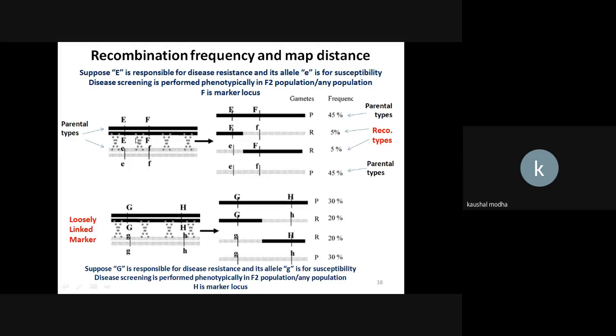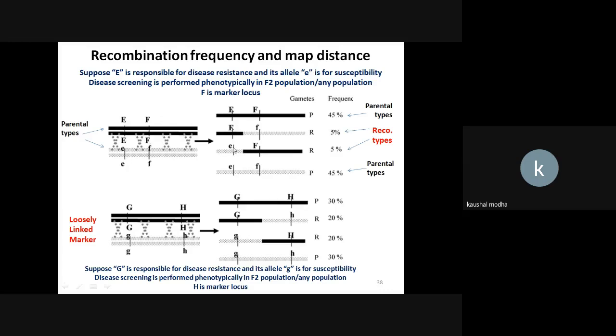Now, when recombination occurs between the marker and the gene of interest, we may find recombinant types at low frequency. Here in this case, the recombination frequency is 10%, 10 out of 100. In these recombinant types, resistance to the disease, which is phenotypically observed and not a profile at the molecular level, is present with absence of the marker. That indicates recombination because now they differ from the parental type.